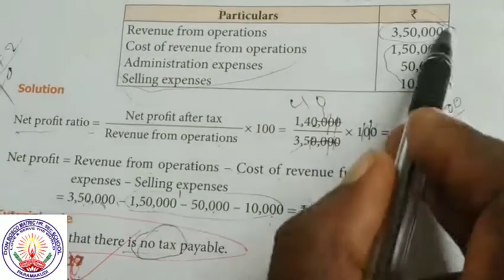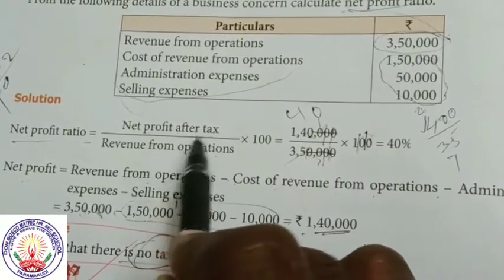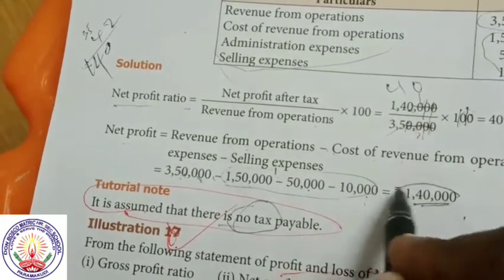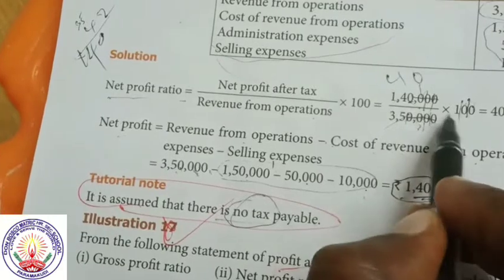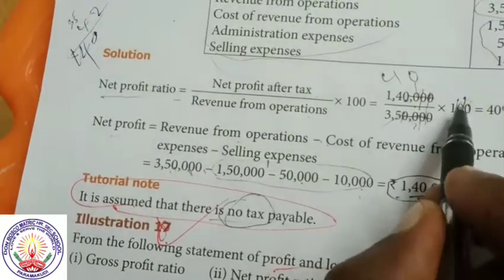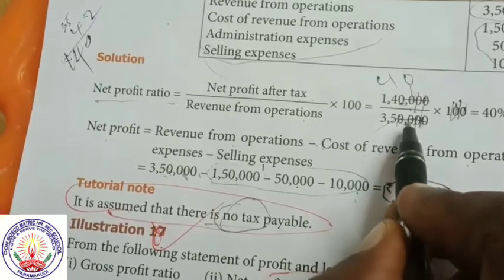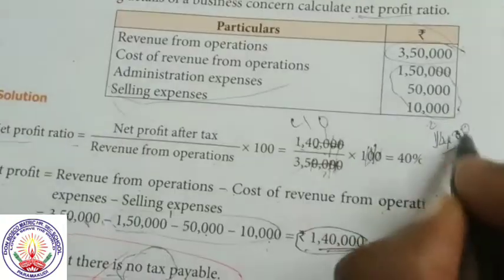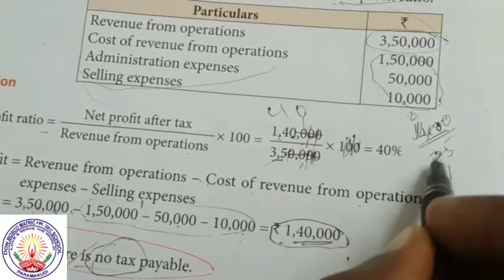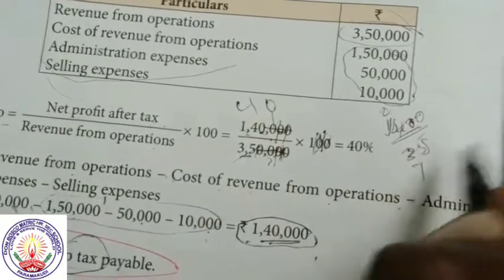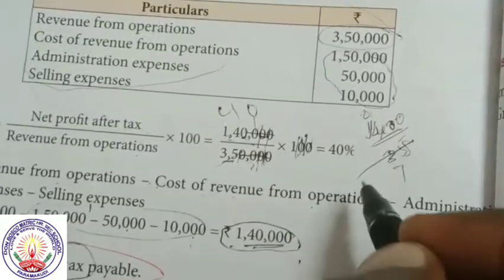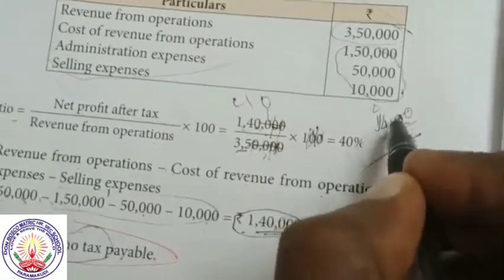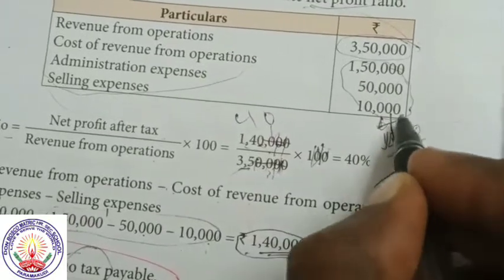Revenue from operation 3,50,000. Net profit after tax 1,40,000. Take the 1,40,000 into 100, and now divide by the formula. 1,400 divided by 35, you directly divide: 35 into 4 is 140, remaining 0.